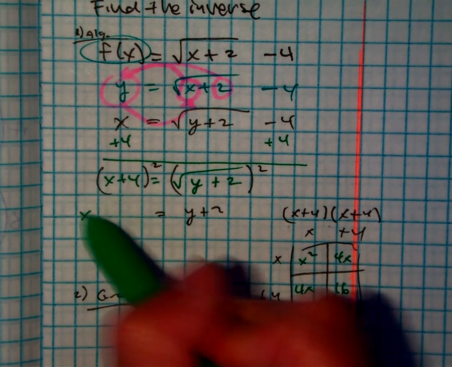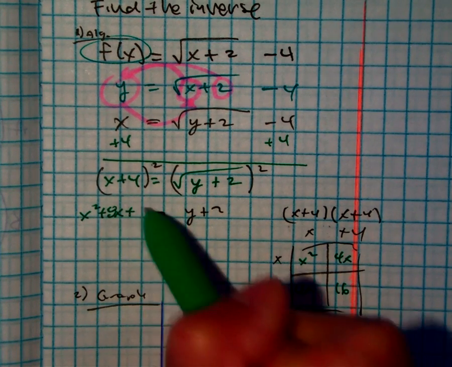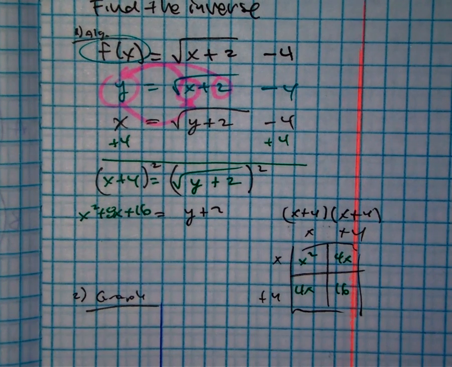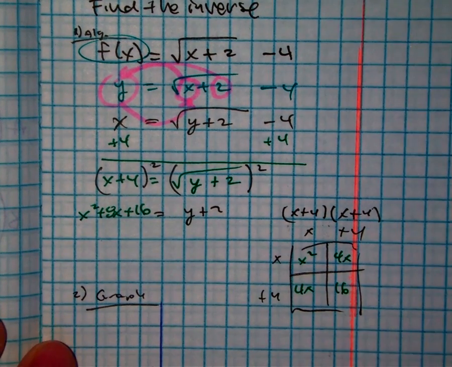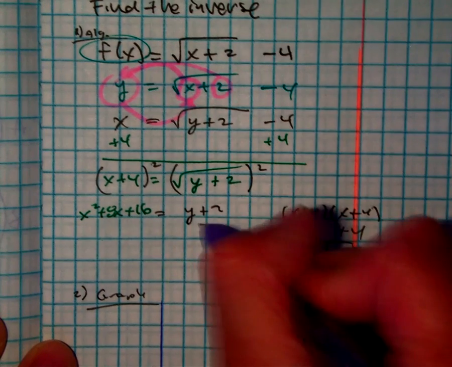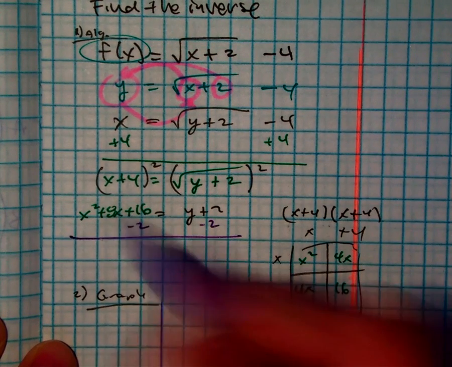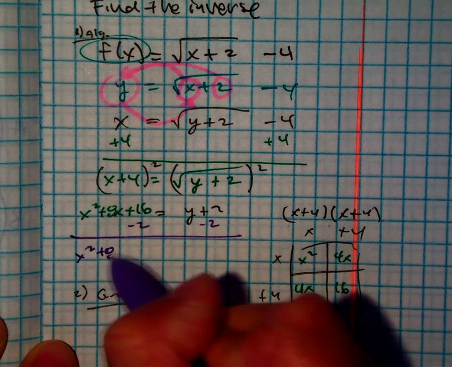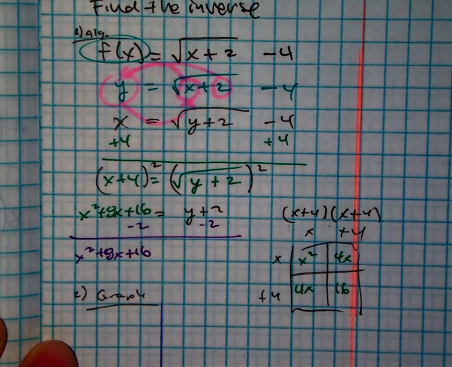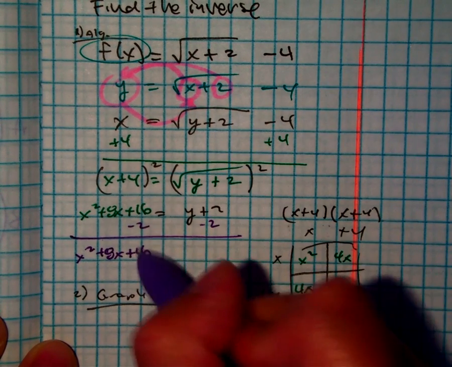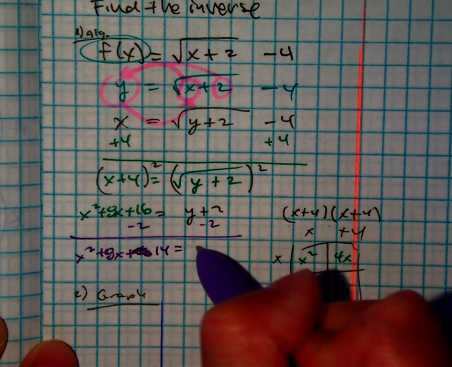So you will get x squared plus 8x plus 16. And then all you need to do is subtract 2. So you're going to get x squared plus 8x plus 14 equals y.